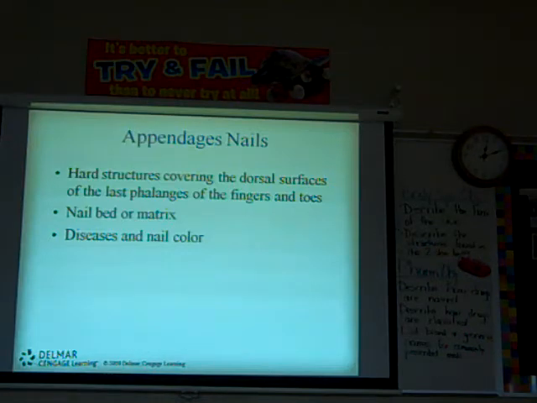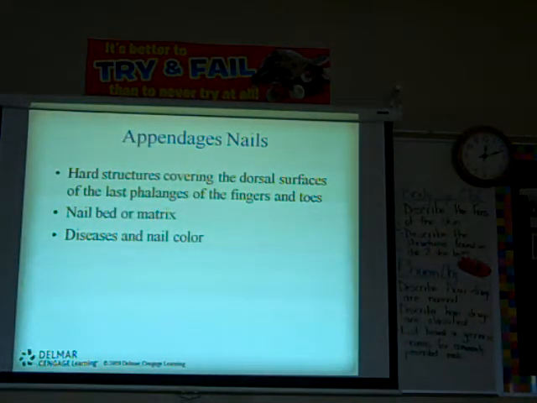Everybody has a different thickness. The nails grow from the nail bed or the matrix, which is the proximal end of the fingernail. Unless you have an injury or a disease, your nail will keep growing from that nail bed.